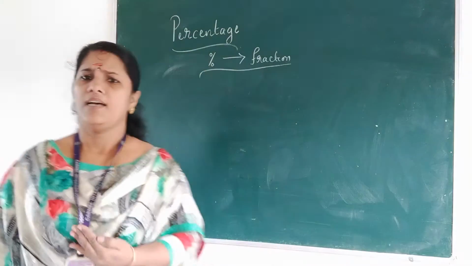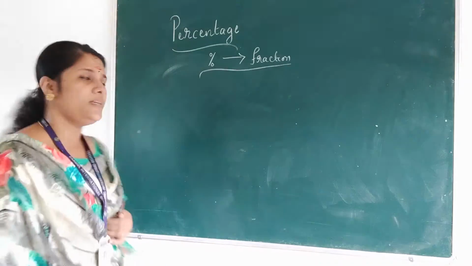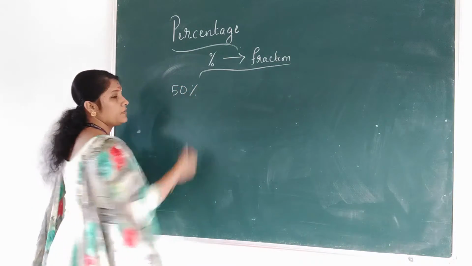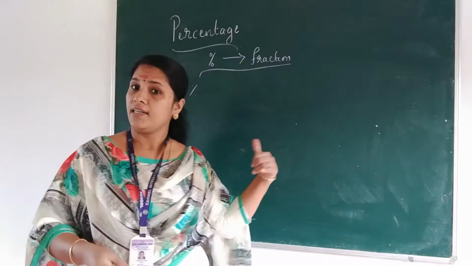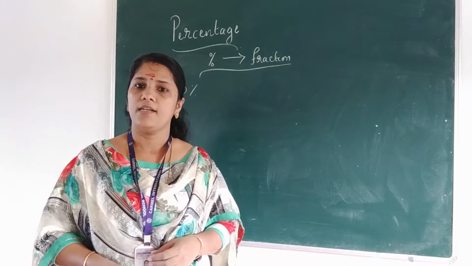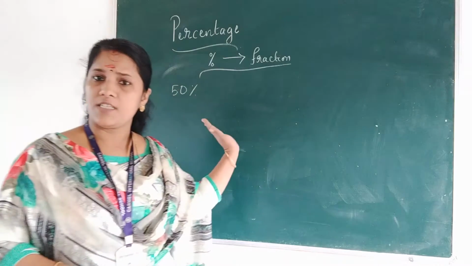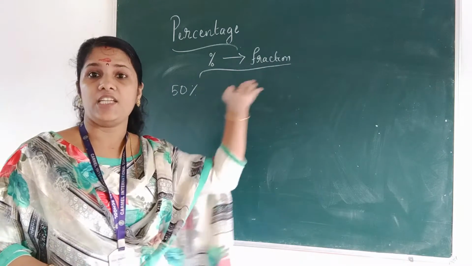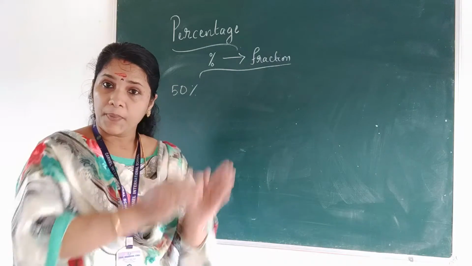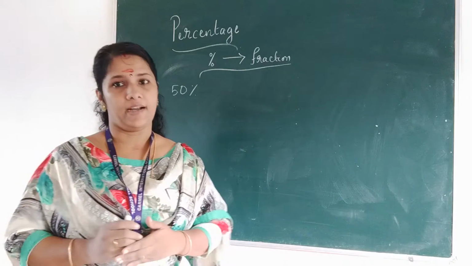It's very simple. Let's consider one example. Say 50%. We have learned that the percentage symbol denotes 1 by 100. So, to convert 50% in the form of a fraction, we need to replace the percentage by 1 by 100.